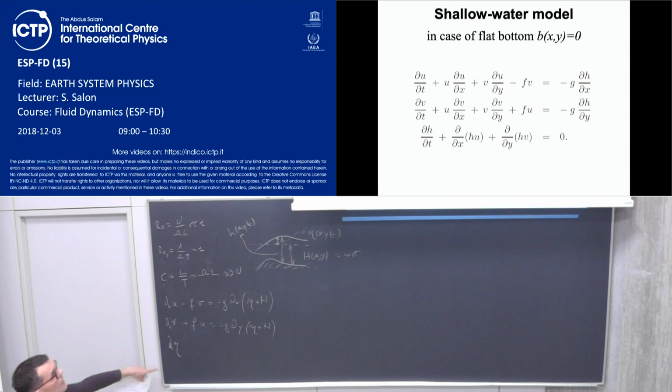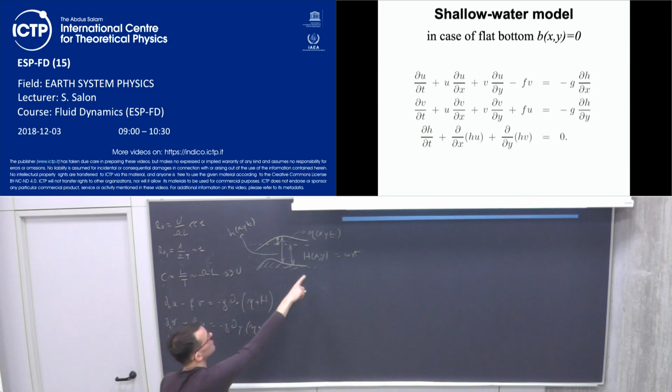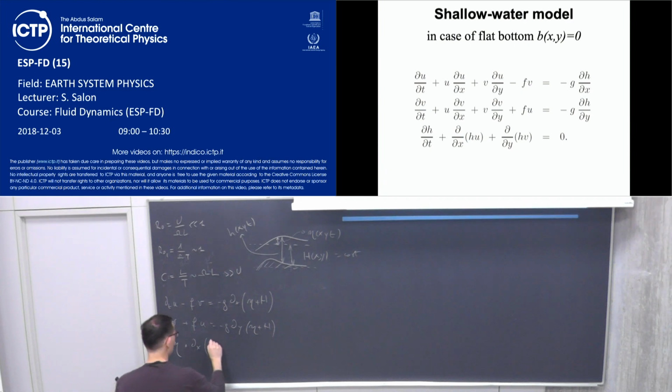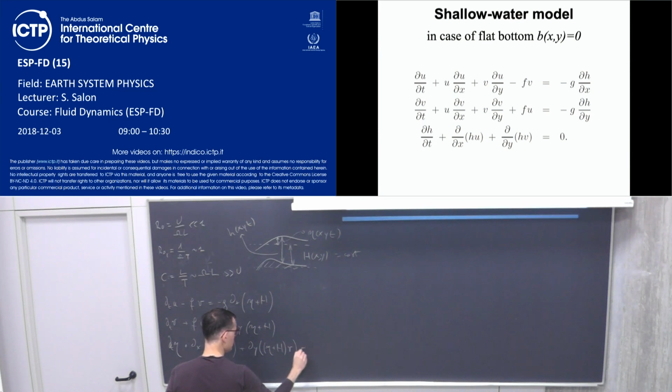continuity equation. Okay, when we have h here, the only dependency on t is on eta, plus dx of eta plus capital H times u, plus dy of eta plus capital H times v equal to 0. Okay?